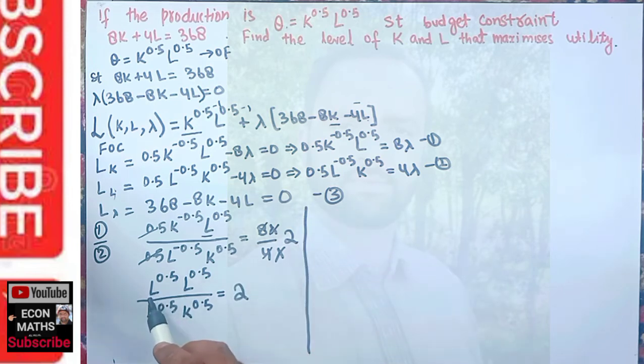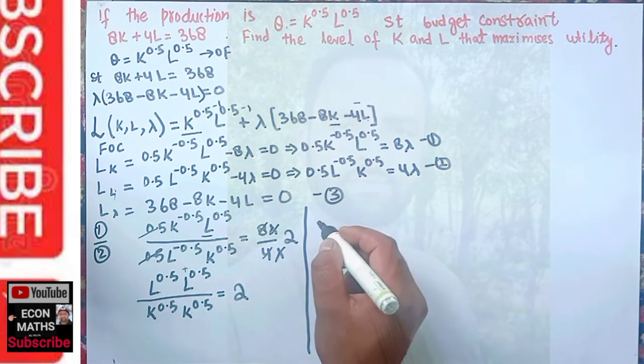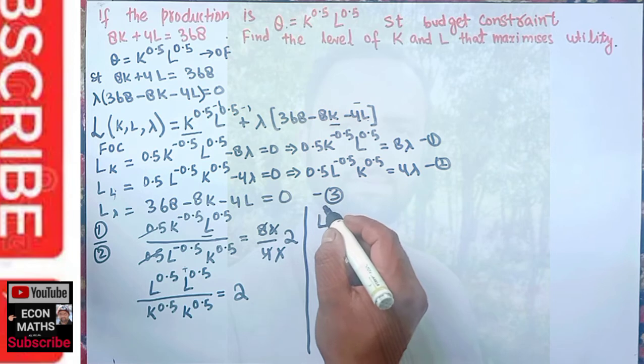Now in L to the power 0.5 and L to the power 0.5, bases are same, exponents get added, so 0.5 plus 0.5 would be equal to 1, so we are left with L to the power 1.